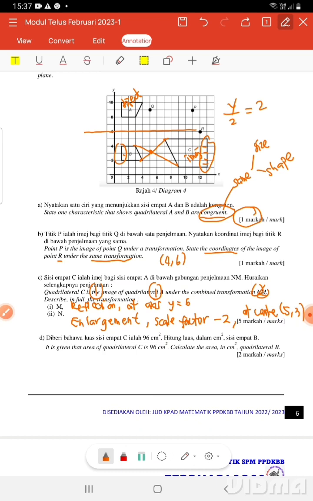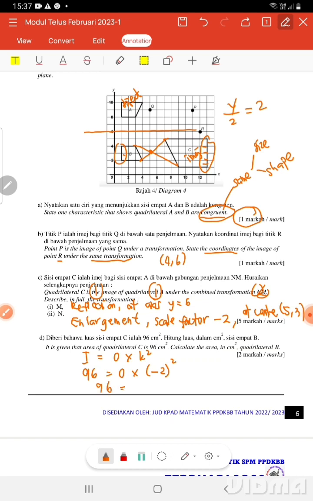Calculate the area of quadrilateral B. So C is our image and B is our object. We already have the formula, image equal to object times k squared. So C, image is 96. Our scale factor is negative 2, so object times negative 2 squared.